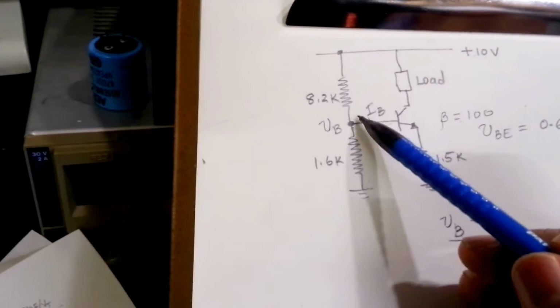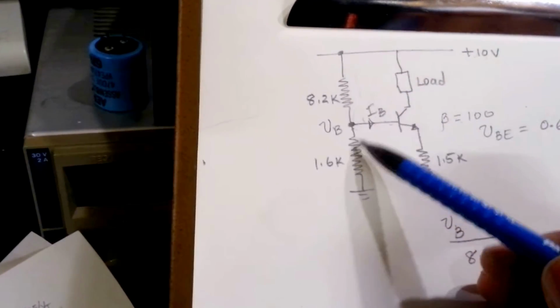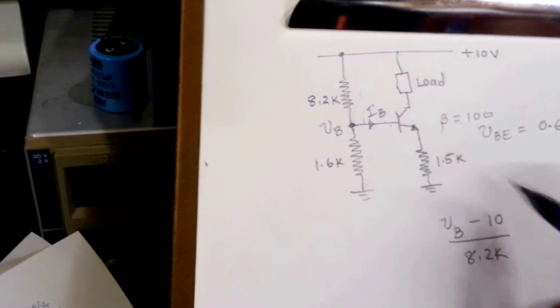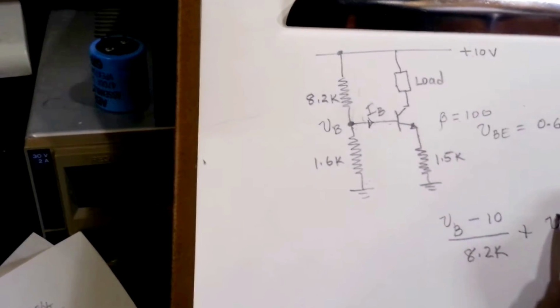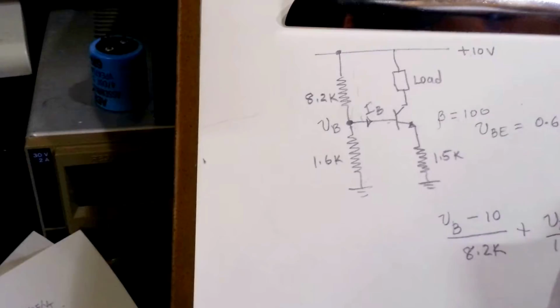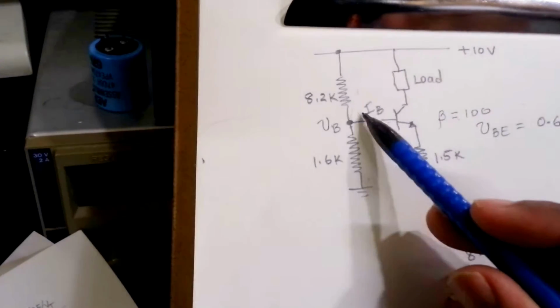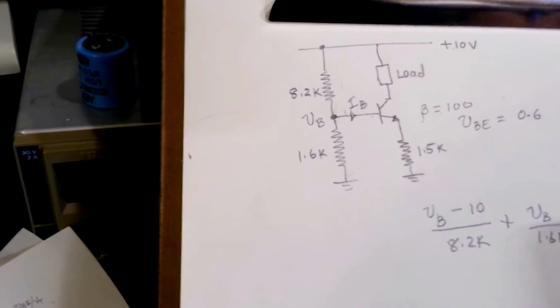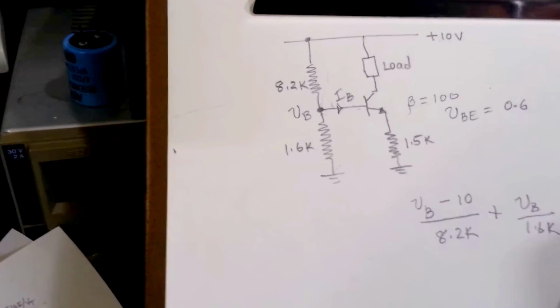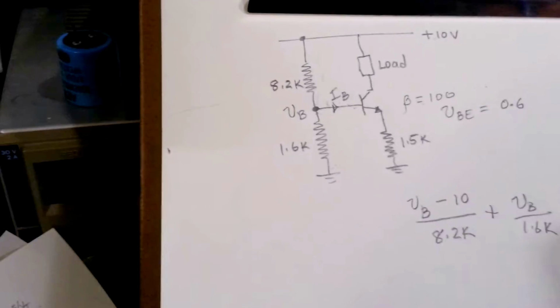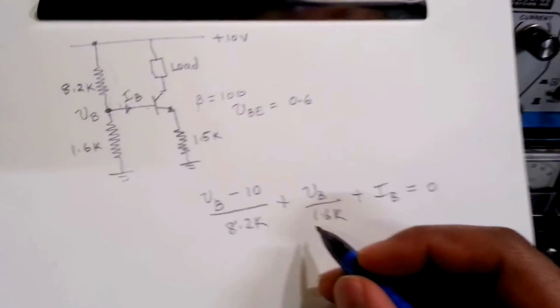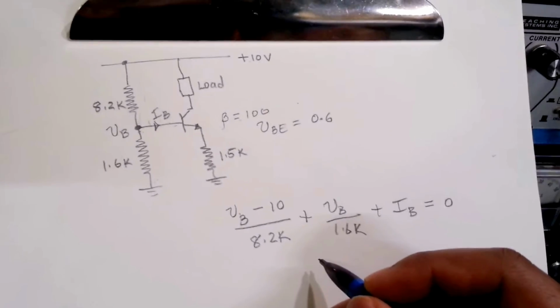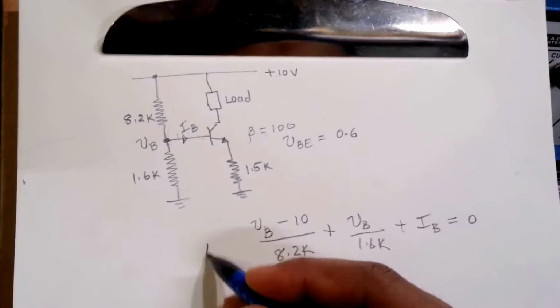That's the current flowing in this path here, and the other path is VB divided by 1.6k, and also the current flowing in this branch, which is IB. Since that's a node, due to KCL, this should add up to 0. So that's the first equation. We'll call this equation 1.